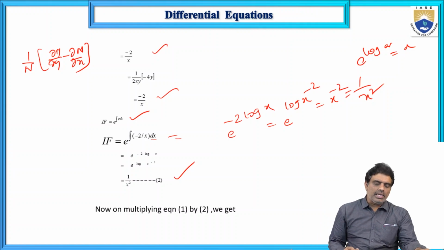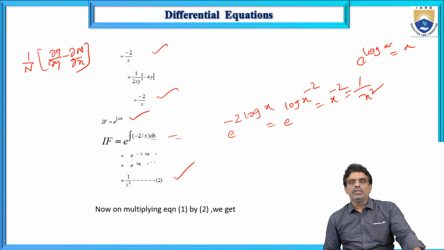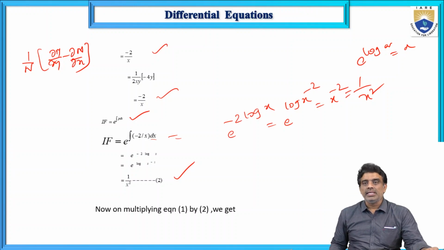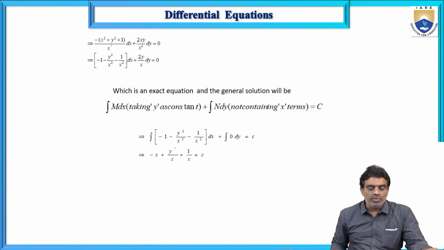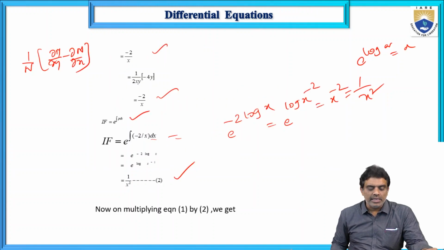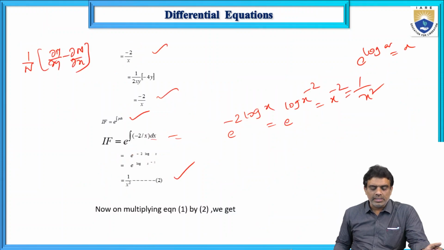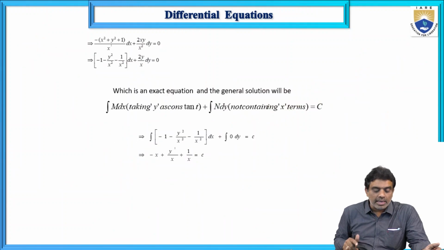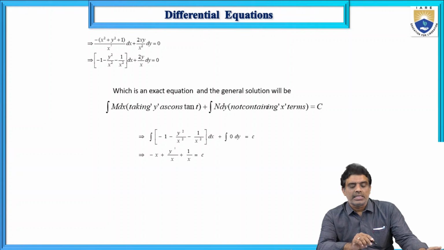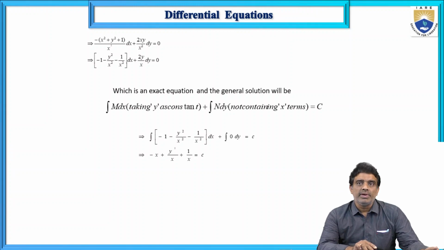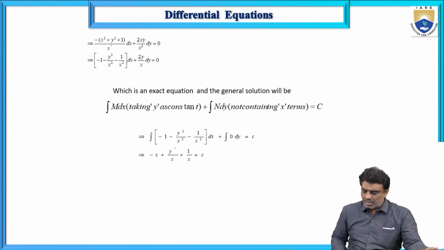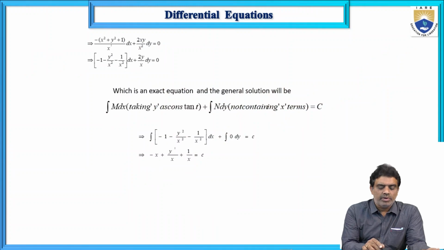Now after finding the integrating factor, we have to multiply it with equation number 1. Multiplying the given equation by 1/x², we get -(x² + y² + 1) dx/x² + 2xy/x² dy = 0.